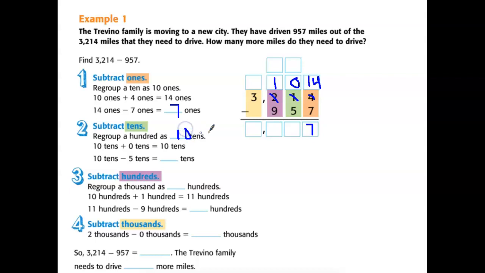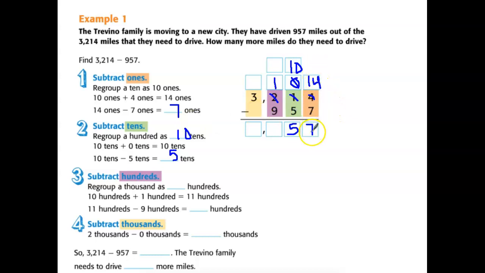If I have 10 tens plus 0 tens, then I have 10 tens. And we know that 10 minus 5 is 5. And guys, when you're doing subtraction, you're not going to be writing all these words over here, but it's just to help you understand what we're doing.